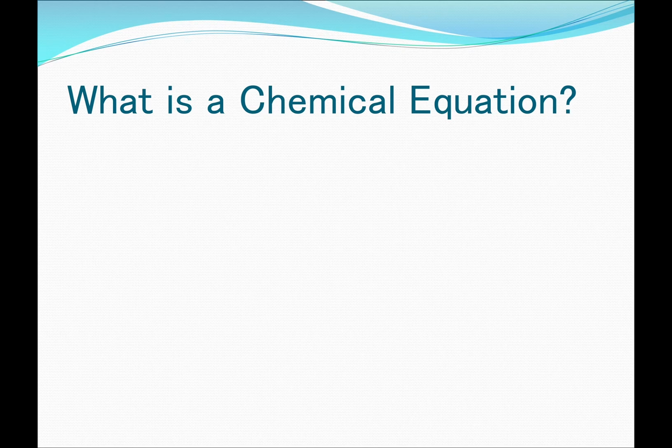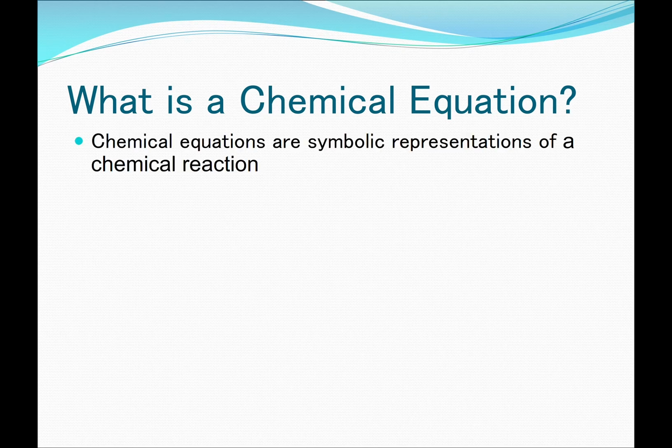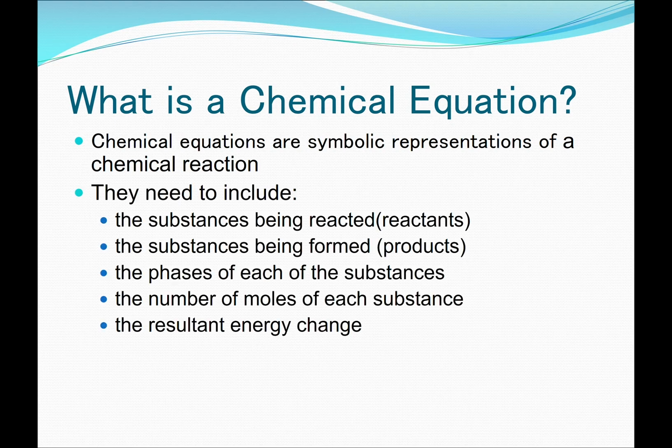To start with, what is a chemical equation? Now, really, chemical equations are symbolic representations of a chemical reaction. They have to include certain different pieces here. We want to include what we call the reactants, which are the substances that are being reacted together. We want to include products, which are the substances that are being formed from the reactants.